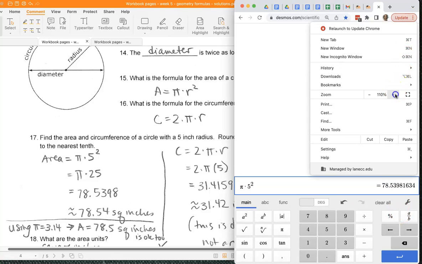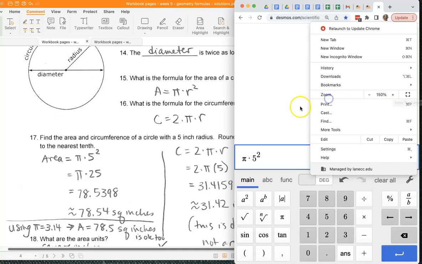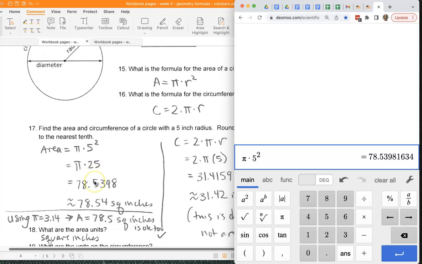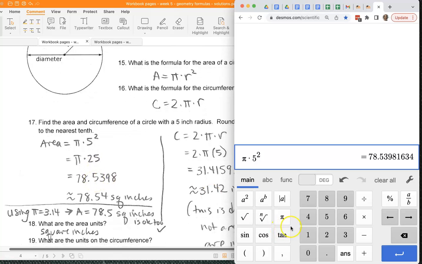Let's see if I can make this a little bigger. Okay. So that gave me the area of the circle. If I did 3.14 instead of pi, it changes my accuracy slightly, but it's still pretty close to the same answer.